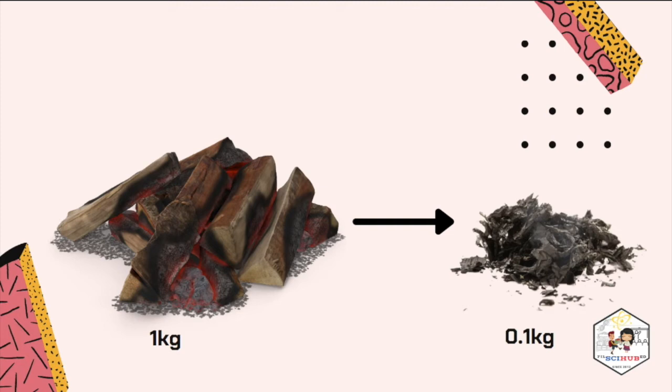Disclaimer lamang po, hindi ko naman po sinasabi na ganun talaga ang proportion niya naturally. This is just for us to visualize the law of conservation of mass. Yung proportion po ng weight ng ating gas at ng ating abo ay not necessarily consistent sa other experiments.